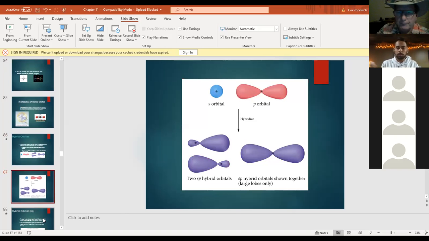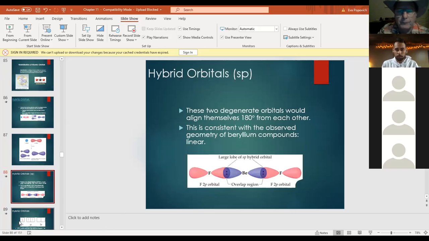When I have these two degenerate orbitals, they can align themselves 180 degrees apart from each other, which is consistent with the beryllium fluoride molecule.